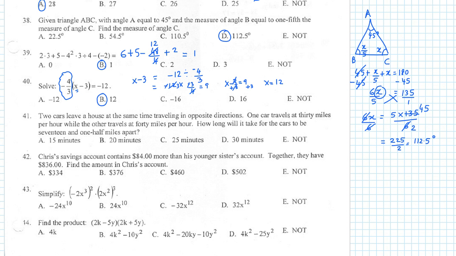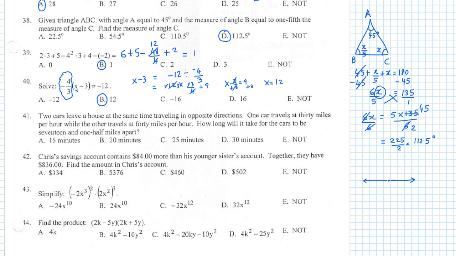Question 41. Two cars leave a house at the same time, traveling in opposite directions. So basically, let's say this is the point from where the cars leave in opposite directions. So the first car is moving in this direction, and the other car is moving in the other direction. Now one car is traveling at 30 miles an hour.